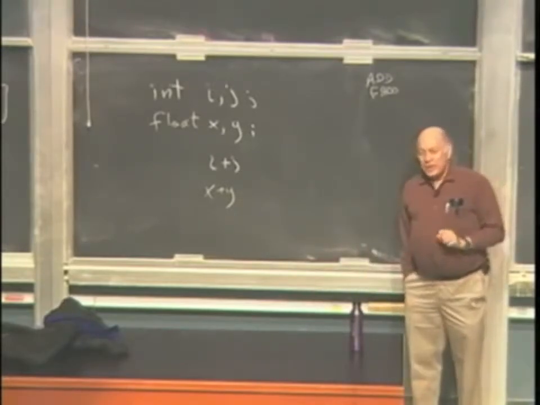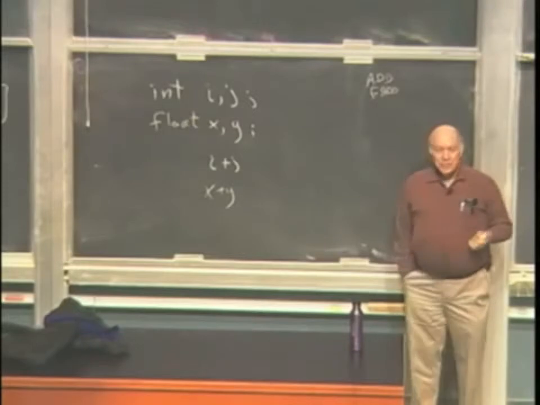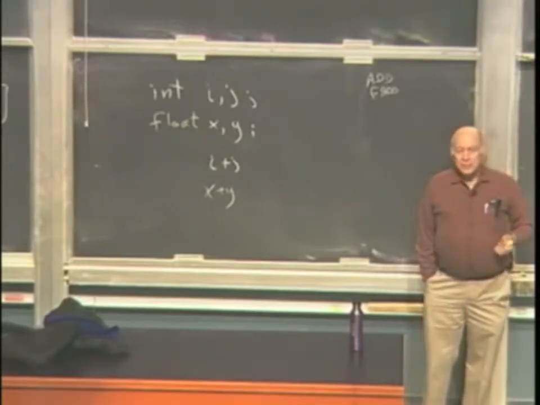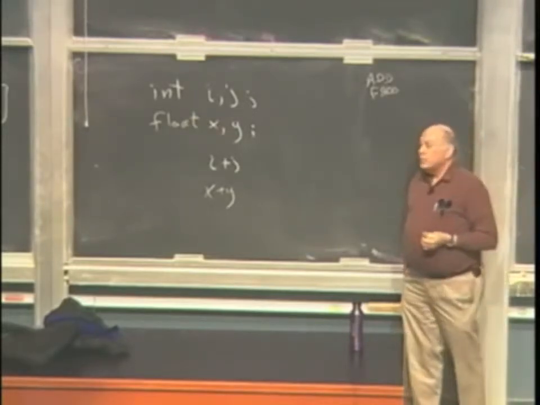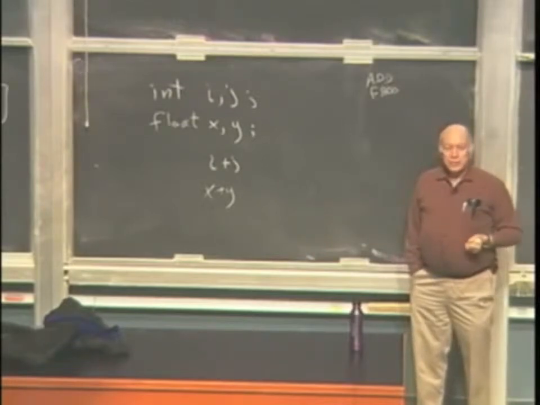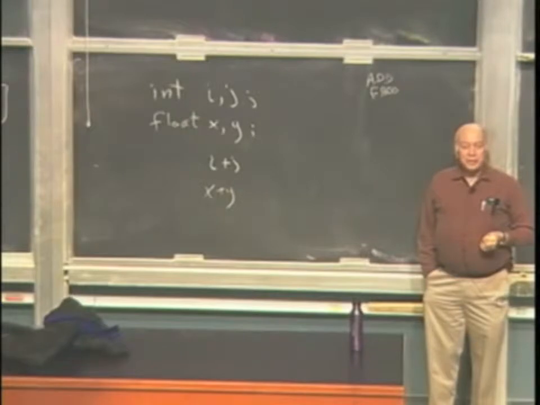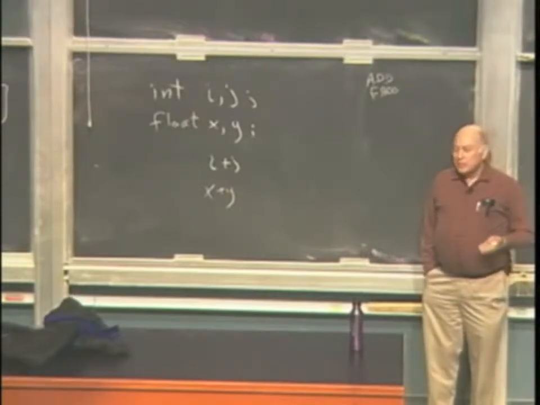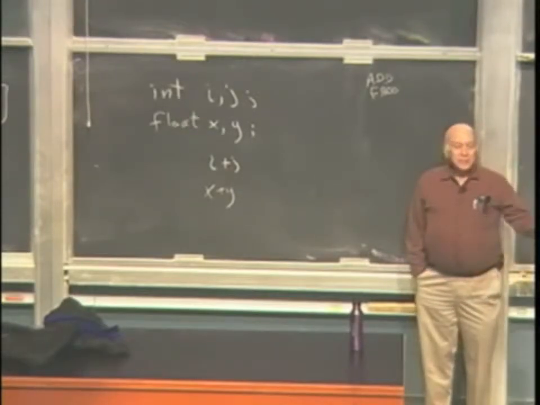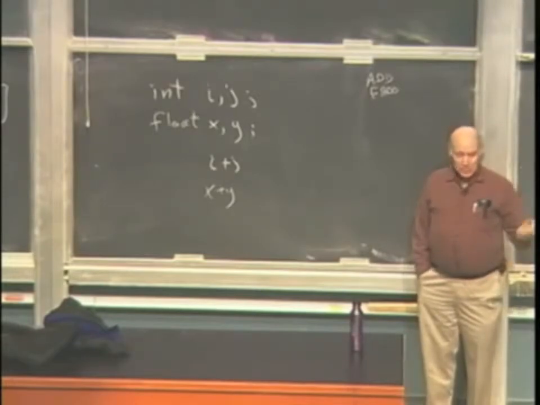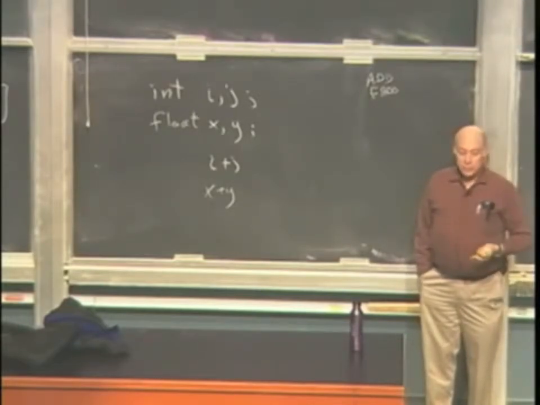Scheme doesn't know that. When you say something like I plus j in a Scheme program, we don't know until the program is running what kind of thing the value of those variables is going to be. Because in Scheme, you can make a list of numbers, and some of them are integers and some of them aren't, and it all just works.